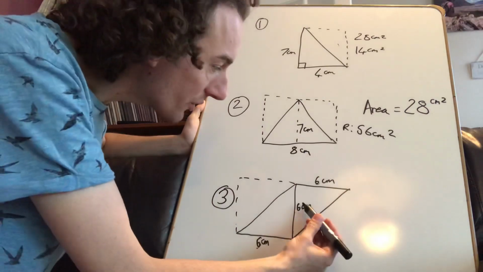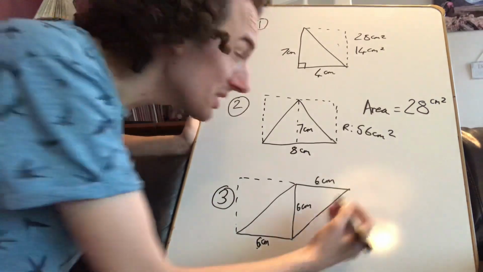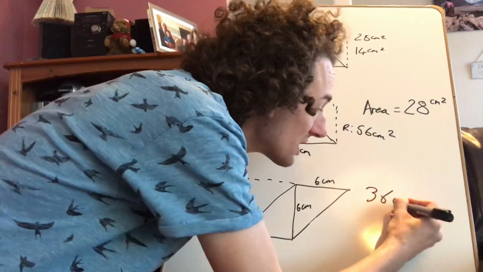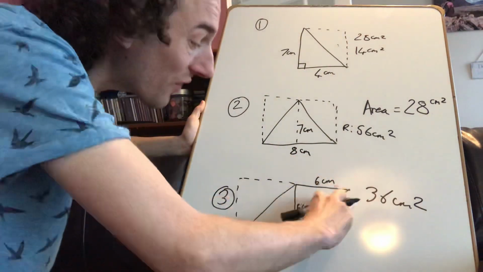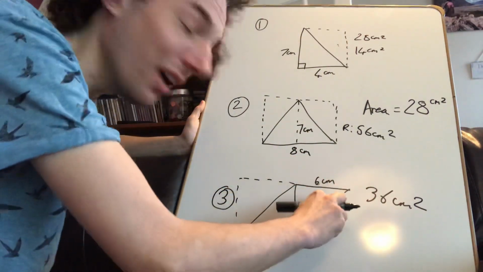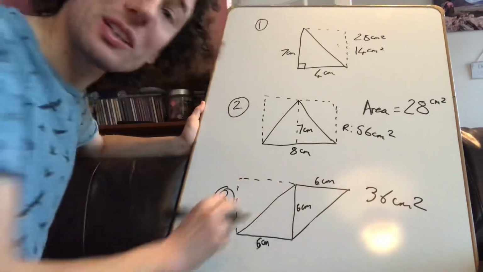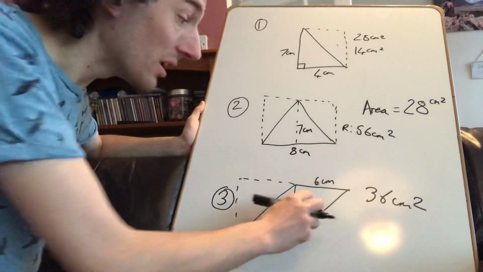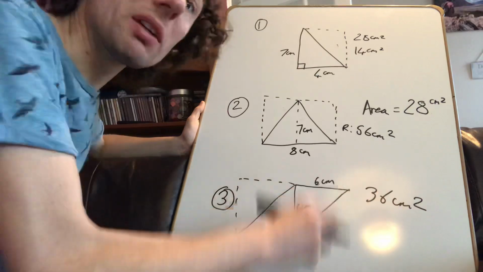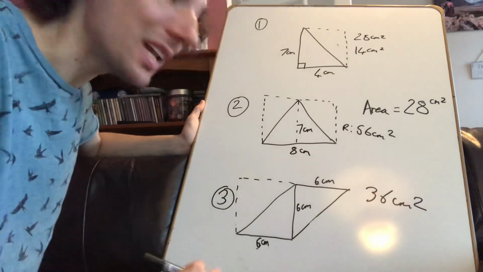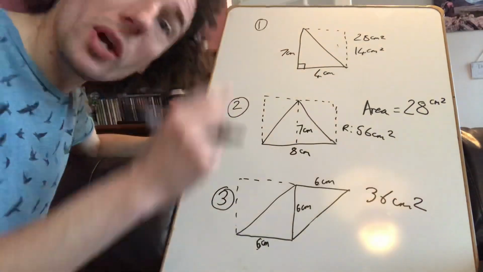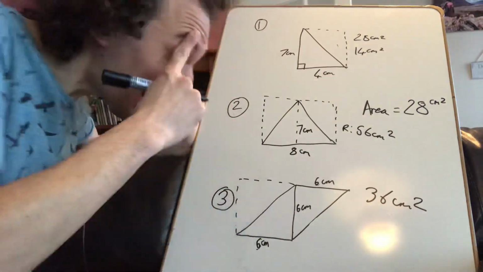So all we have to do is 6 times 6, which is 36 centimetres squared, and we've got the area. Because in fact, these 2 triangles together make a rectangle. So rather than doing 6 times 6 is 36, half is 18, 6 times 6 is 36, half is 18, add 18 and 18 and get 36, we can use our noggins and get there quicker.